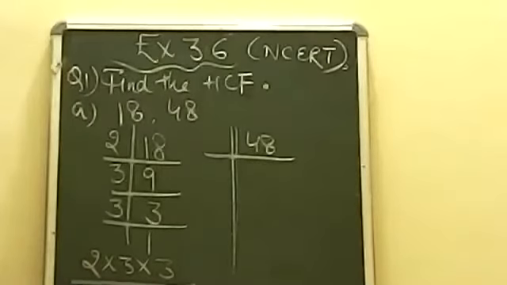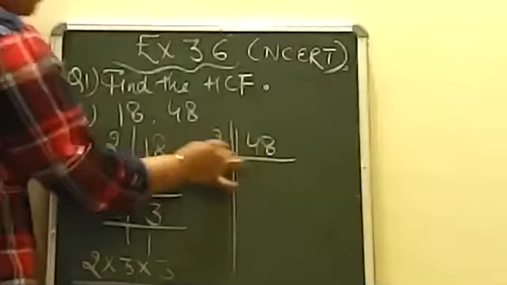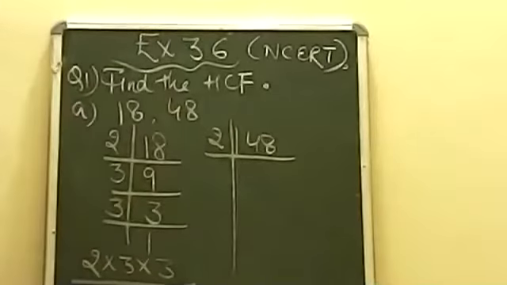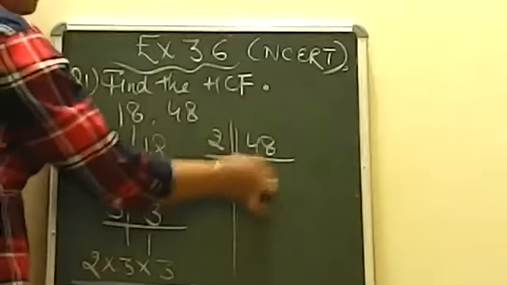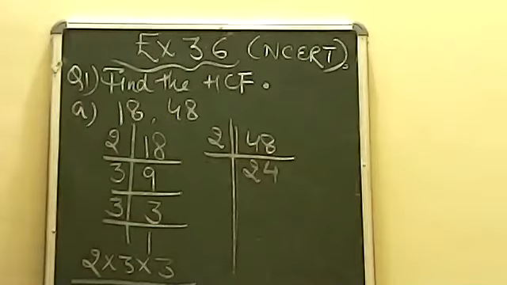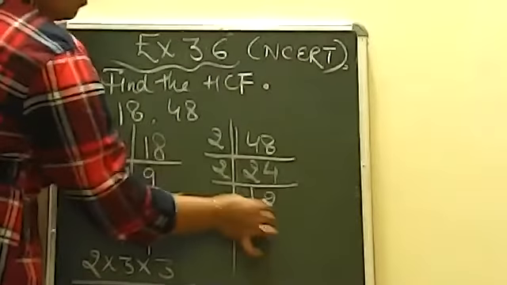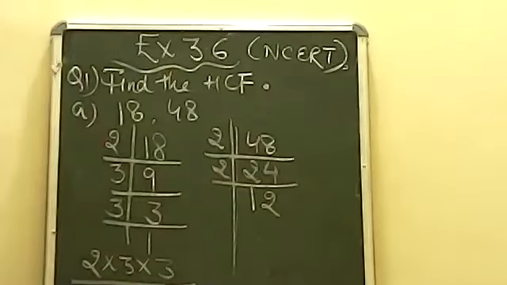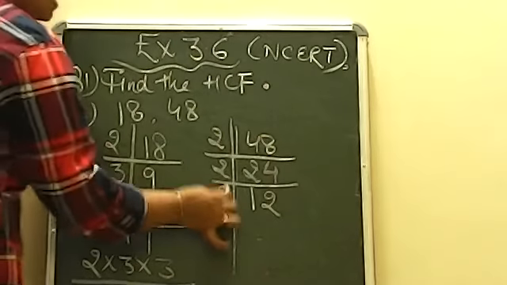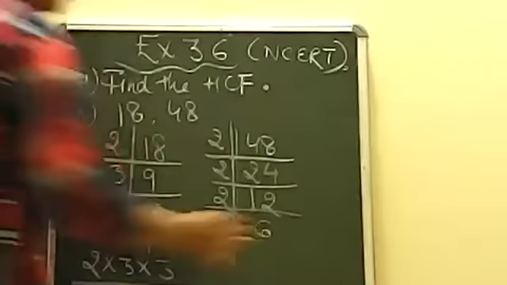Now let's try the same method for the number 48. 48 is an even number which will go by 2 first. So 2 24s are 48. We have got 24. Now again it will go by 2 only, which will give us 12. Again it is 12, so 2 6s are 12.